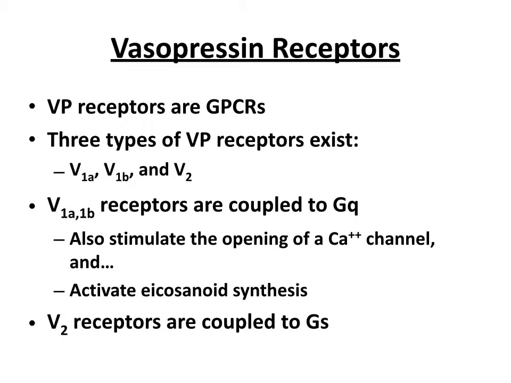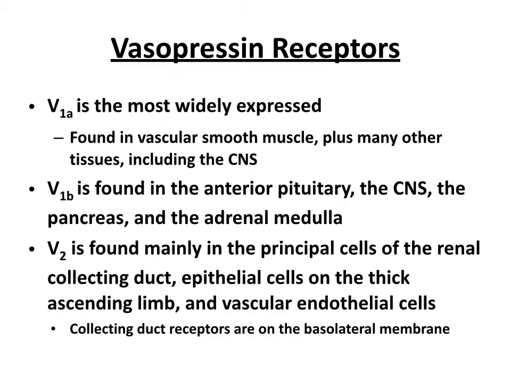V2 receptors are coupled to Gs, and as we'll see in just a minute, V1 receptor activation and V2 receptor activation cause much different physiological changes, and you're going to need to be able to differentiate between the activation of V1 versus V2.